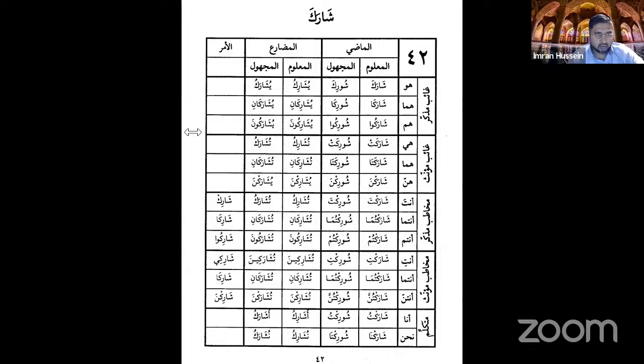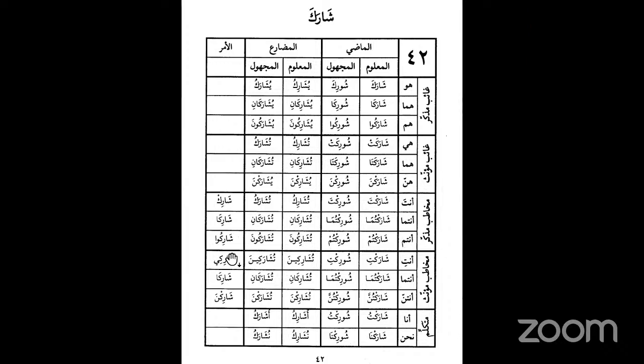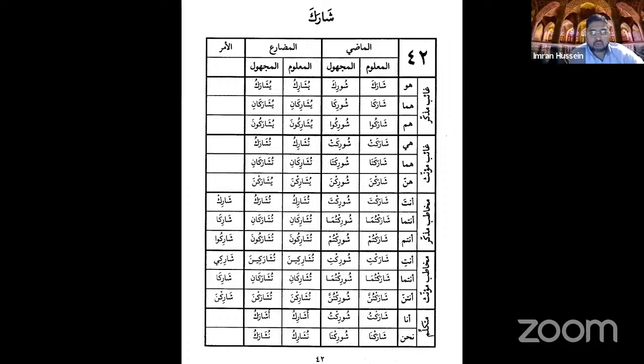Now, the imperative. Sister Farwa, can you come on the mic? As you look at the verb tushariku, the ta has a dhamma and the sheen has a fatha. What do you think is going to be the imperative?